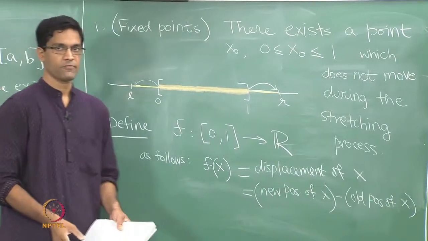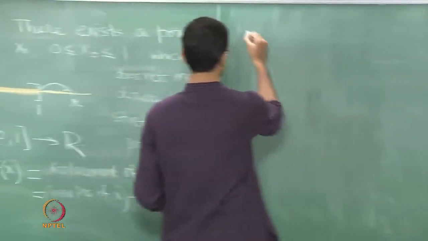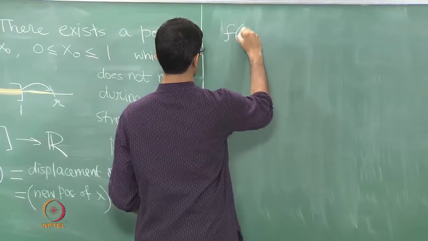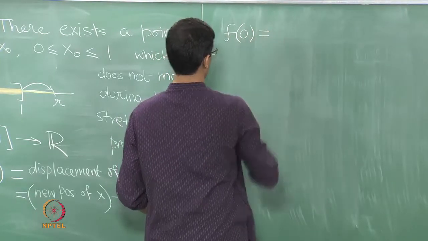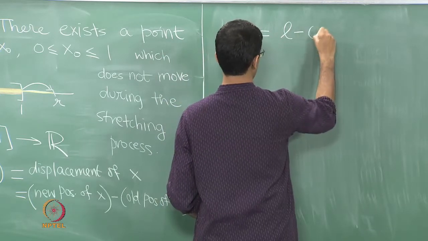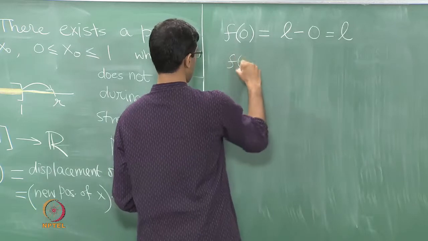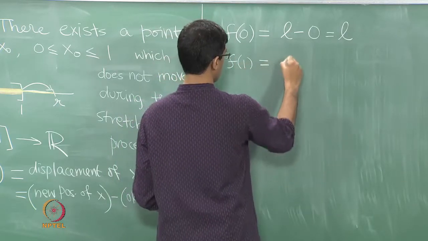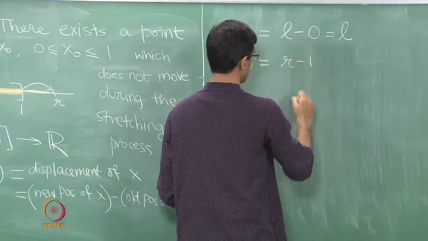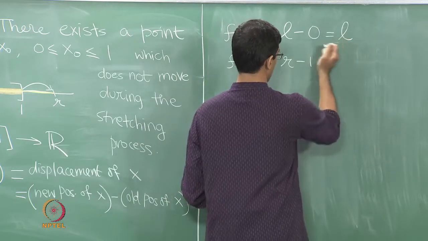Okay, so my function f is just the displacement function, and let's just figure out what this does to the two endpoints. So the left endpoint 0 is now displaced by what? Well, the new position is L, the old position of course was 0, so this is L. The right endpoint 1 is now at the point R, it was originally at 1, so this is R minus 1.